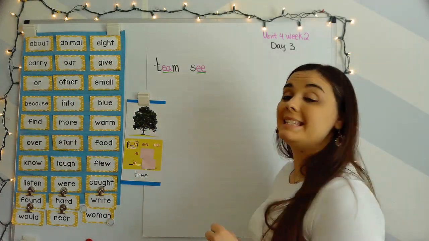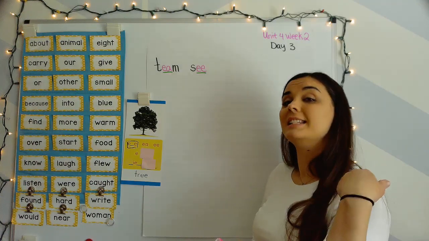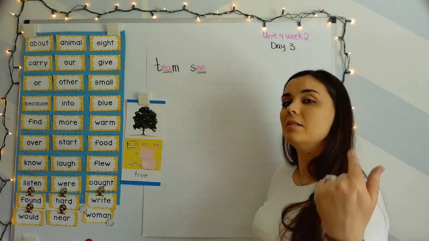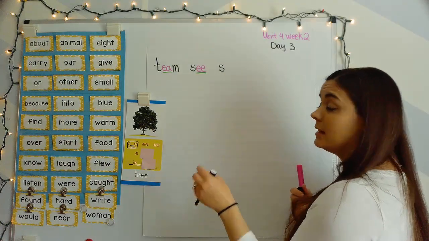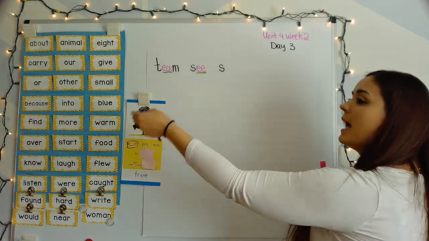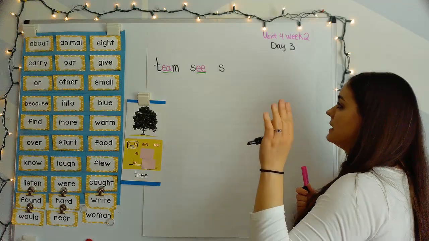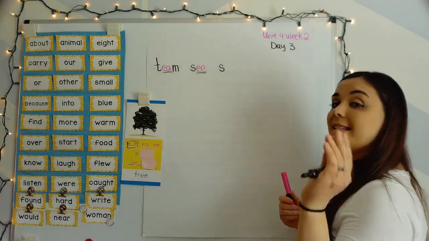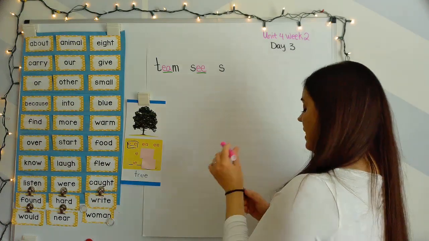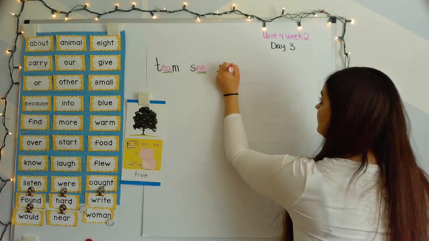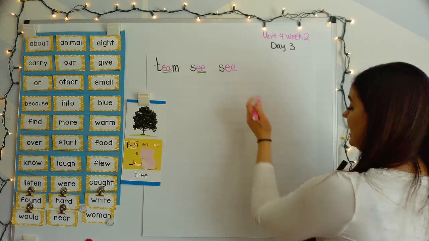Next word, seed. Your turn. S-E-E-D. Seed. So notice when I make the word seed, I can just take the word see and add a D. So when I say see and seed, the only sound that sounds different is the end. And I hear a duh at the end. Again, E-E.